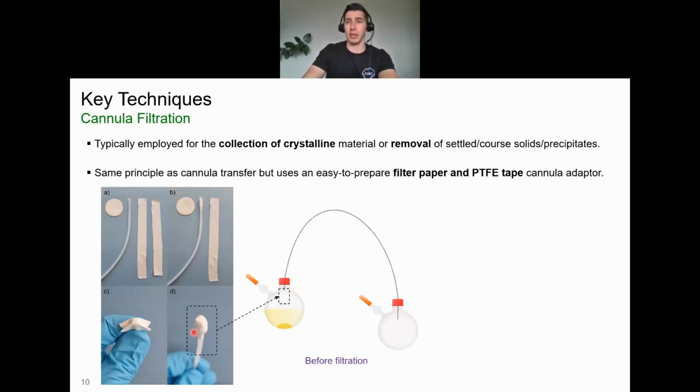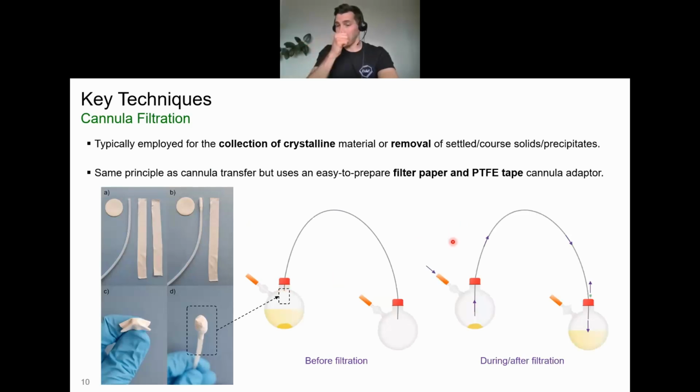This is obviously too thick to go directly through a rubber septum, so you need to insert it through the underside of the septum first and pull it along when we first replace the glass stoppers or Teflon taps with the rubber septa. Again, the filtration process happens in the same way as a cannula transfer.